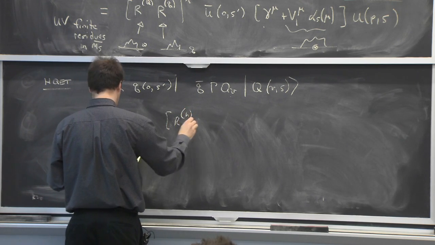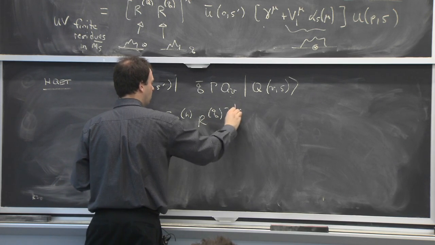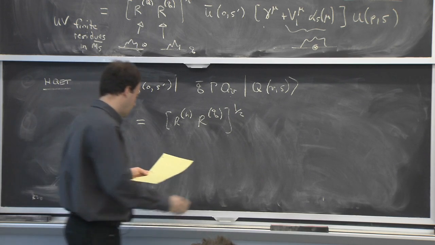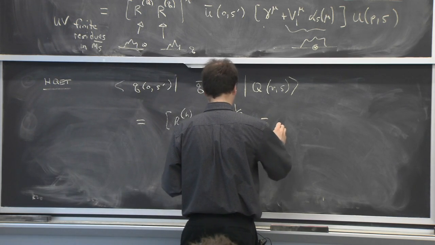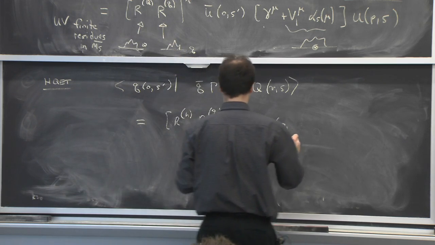Talked about that last time. And so there again would be some residue factors. And if the residue factors are not the same in the two theories, you have to account for that, and they won't be, because the heavy quark residue here will be different from the heavy quark residue above.